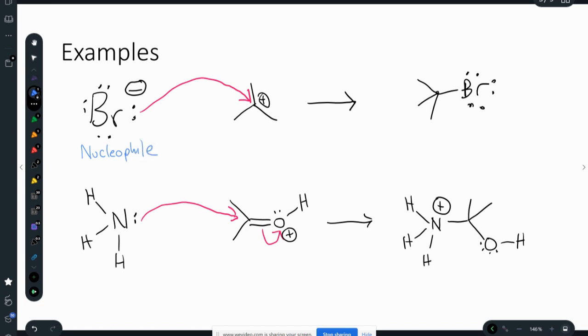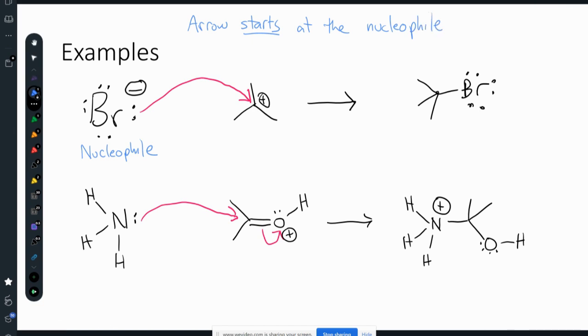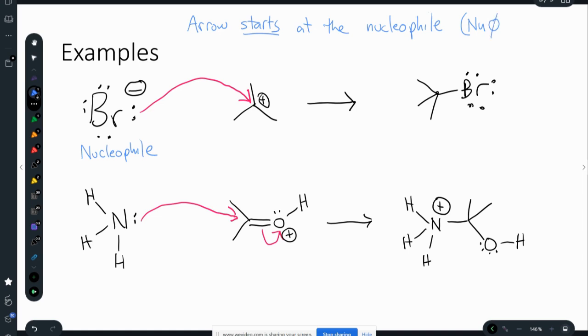And generally, the arrow starts at the nucleophile, right? Sometimes to abbreviate nucleophile, because it's a long word, a lot of times we'll abbreviate it with just Nu and then the Greek letter phi. That's an abbreviation we'll use a lot.